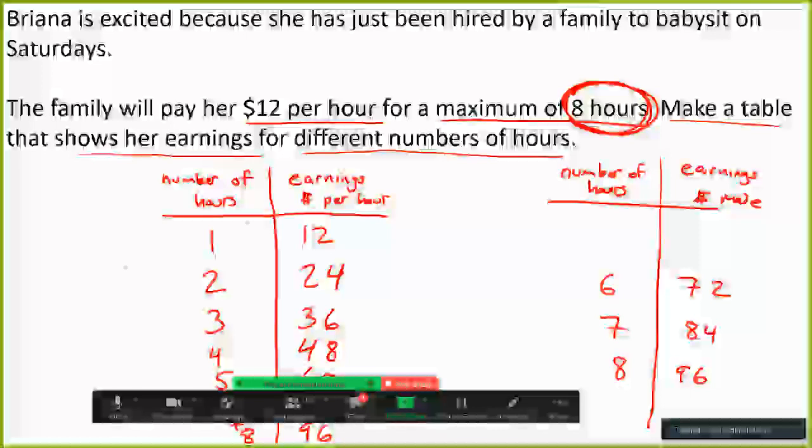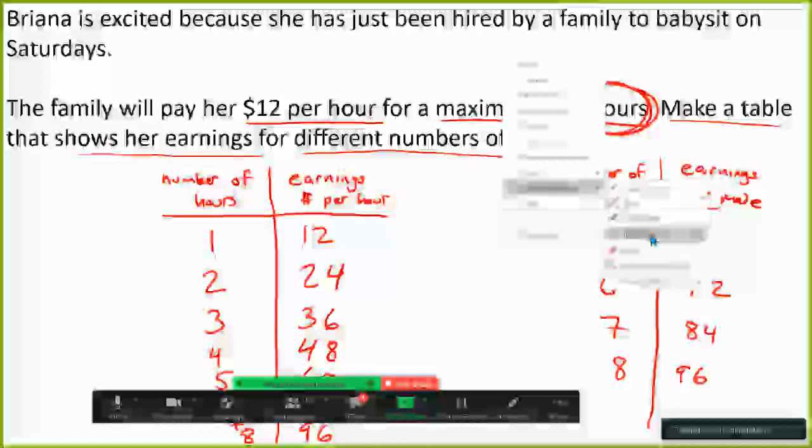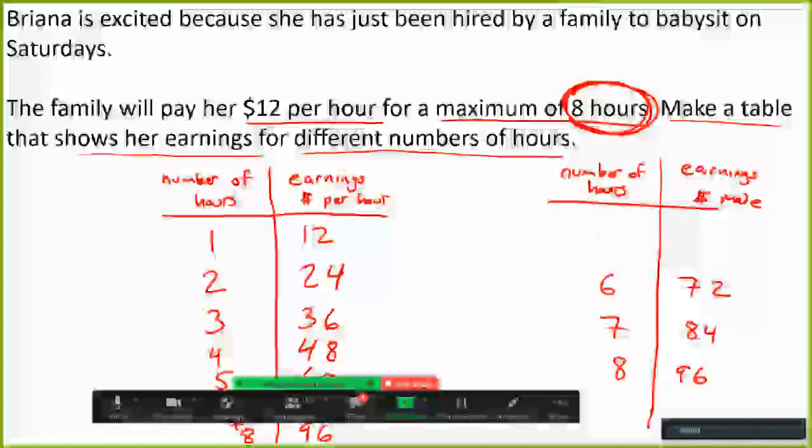So in our table, it's customary to always put the independent first. So I'm going to label that here, independent.